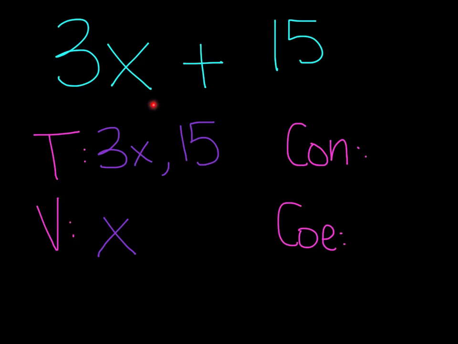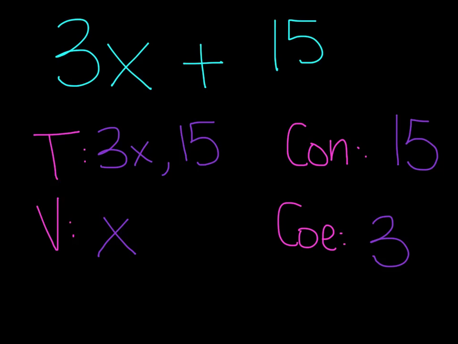What digit is paired with x? And that is 3, so that's my coefficient. It tells me that I have 3 x's actually. So my coefficient is 3, and my constant is what is standing alone. It's never attached to a variable, and so I see that 15 is just kind of chilling out here by itself, and so that's my constant.